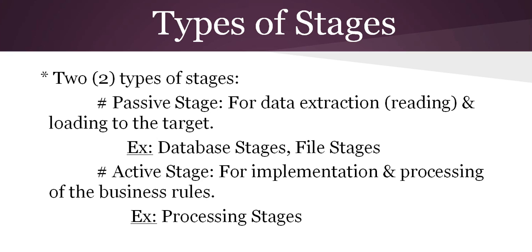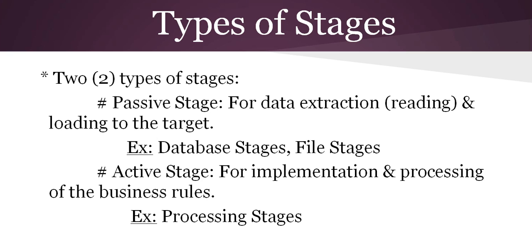The best examples for passive stages are database stages: Oracle, Informix, Netezza, Teradata, and many other database stages. Any database stage is just a passive stage. File stages are also passive stages, like the sequential file stage, hashed file stage, complex flat file, and many other stages.